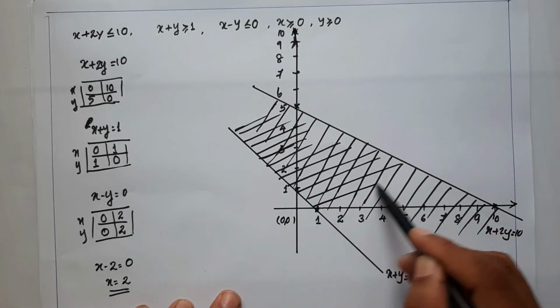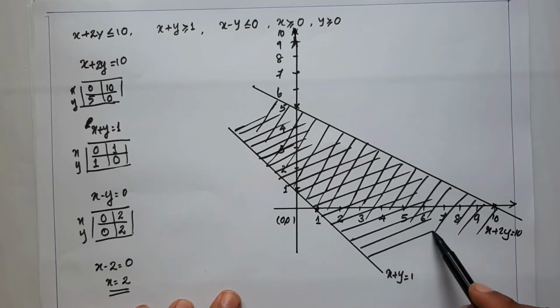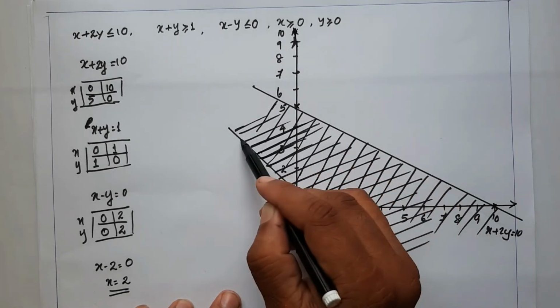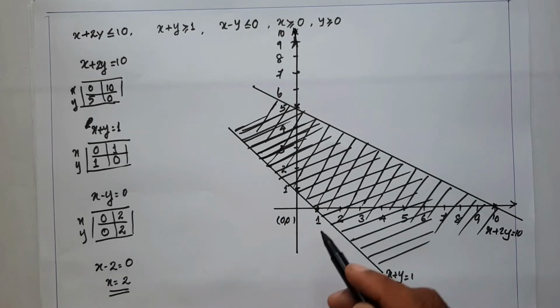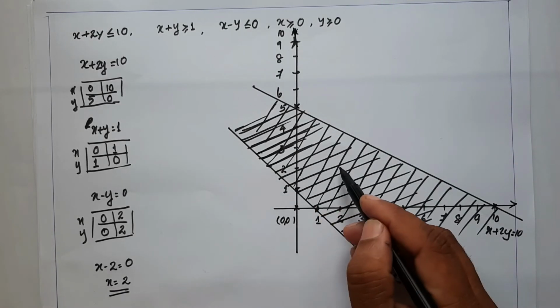Which is our common solution part. Okay, and next is (0, 0), that is the origin, and (2, 2), x is 2, y is 2, approximately the point.